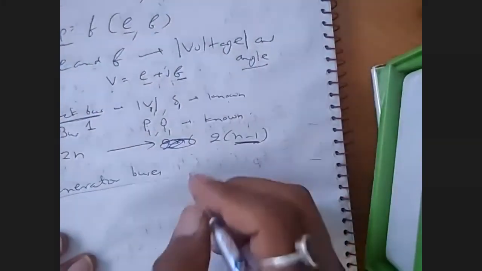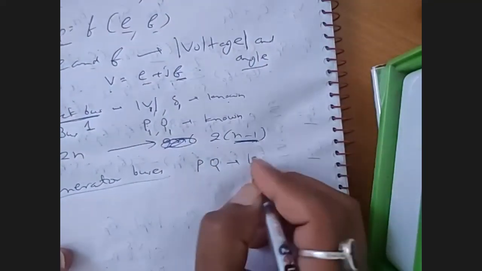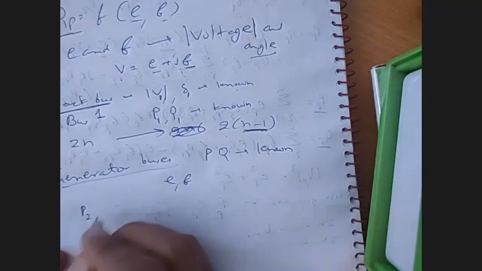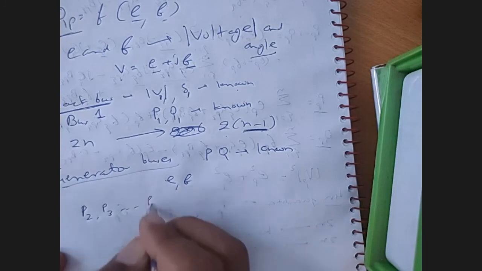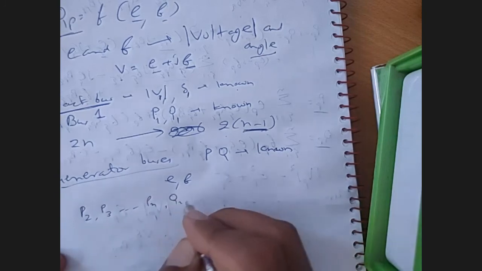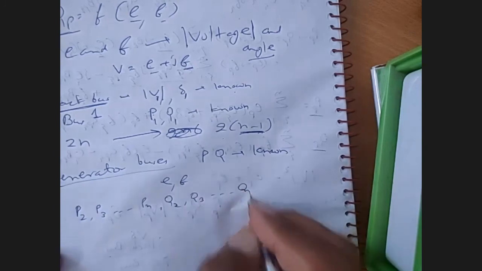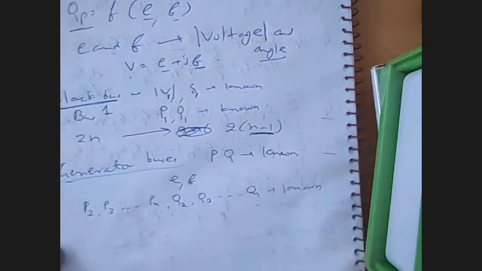If generator buses, then P and Q are known quantities, and we have to find E and F. So your quantities P2, P3 up to Pn, Q2, Q3 up to Qn are your known quantities.